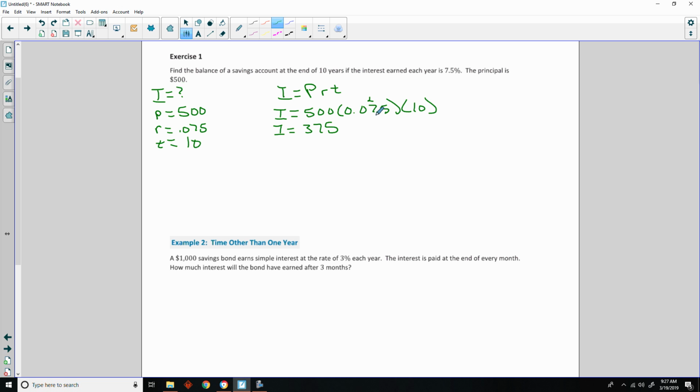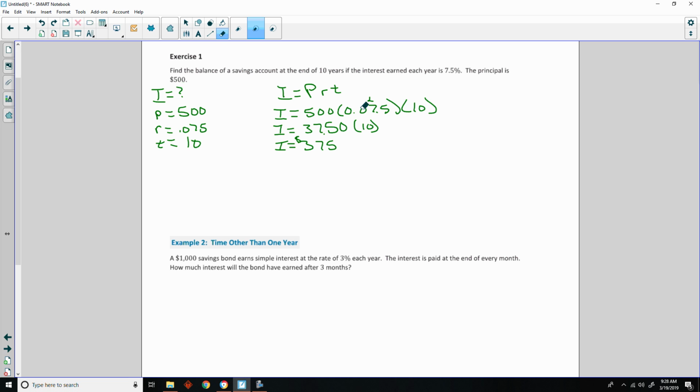So it'd be like multiplying 7.5 times 5, which would be 3750, and then I multiply that by 10. So 500 times 0.075 is 37.50. Now I equals, multiply this by 10, and it moves the decimal 1 place to the right. So the interest earned after 10 years would be $375 on a $500 principal.